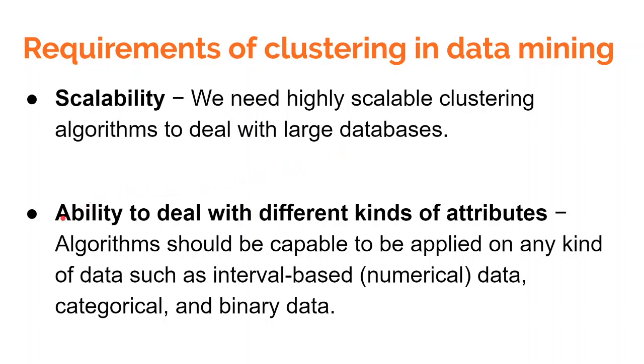Then the next requirement, ability to deal with different kinds of attributes. Algorithms should be capable of being applied on any kind of data such as interval based data, categorical data and binary data. For example, you might have used the BookMyShow application to book your favorite movie.